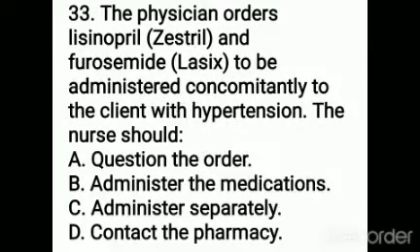Question number 33. The physician orders lisinopril and furosemide to be administered concomitantly to the client with hypertension. The nurse should, options are: A, question the order; B, administer the medication; C, administer separately; D, contact the pharmacy. Correct answer option B, administer the medication.